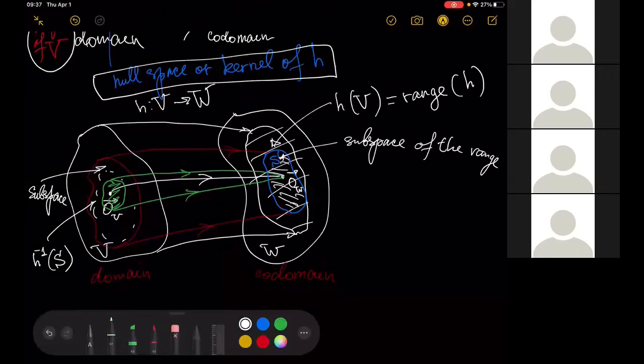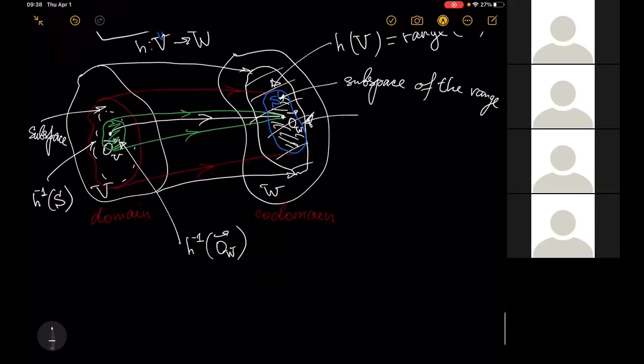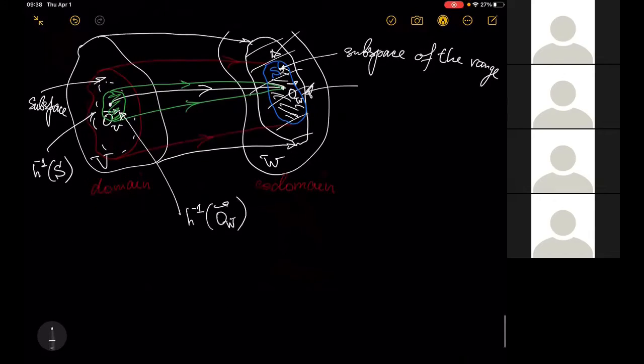Because the 0 vector here is the trivial subspace, right? And this is the inverse image of the trivial subspace, which means the subspace containing only the 0 element.